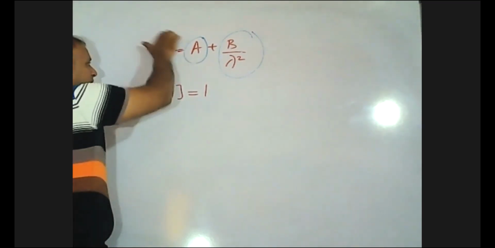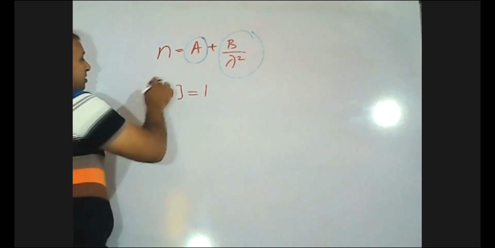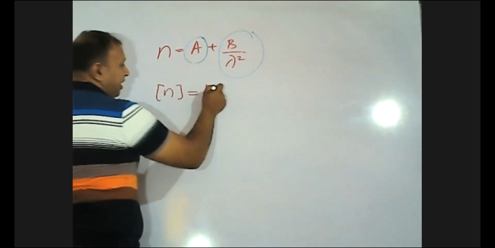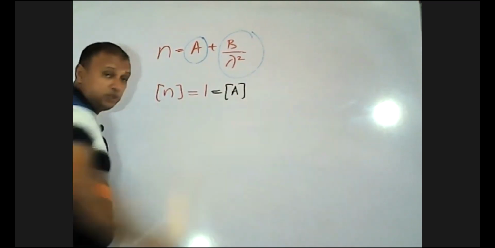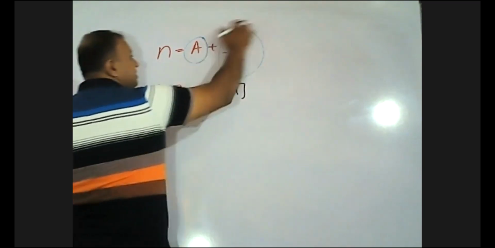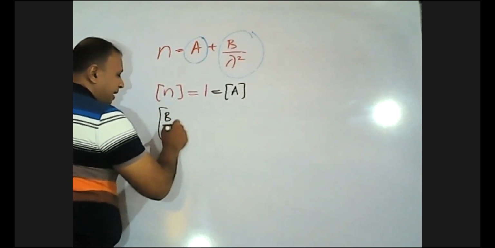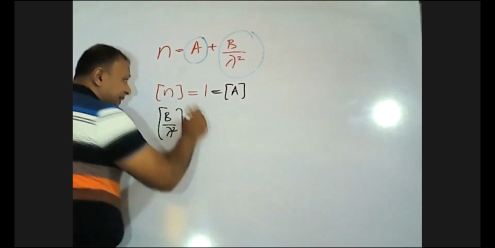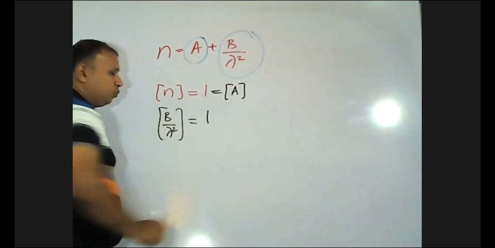Therefore, n doesn't have a dimension. That means the dimension of n and the dimension of A should be equal to each other, so A doesn't have a dimension. And the entire term, B over lambda squared, should not have a dimension. That means it should be equal to 1.